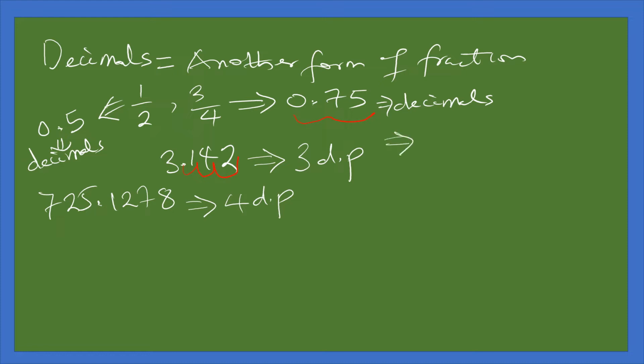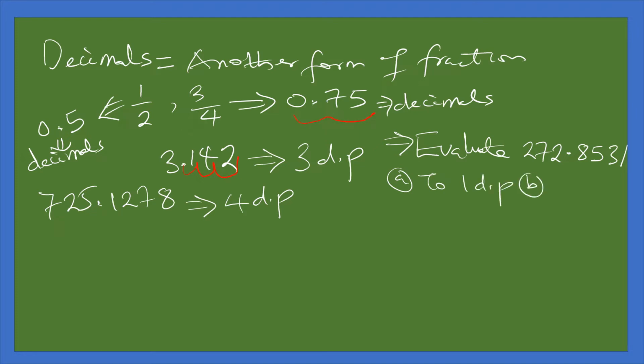Now, let's proceed. Let's take a question. Evaluate 272.8531, A to 1 decimal place, B to 2 decimal places, and then C to the nearest whole number. Now, to solve this is very simple.